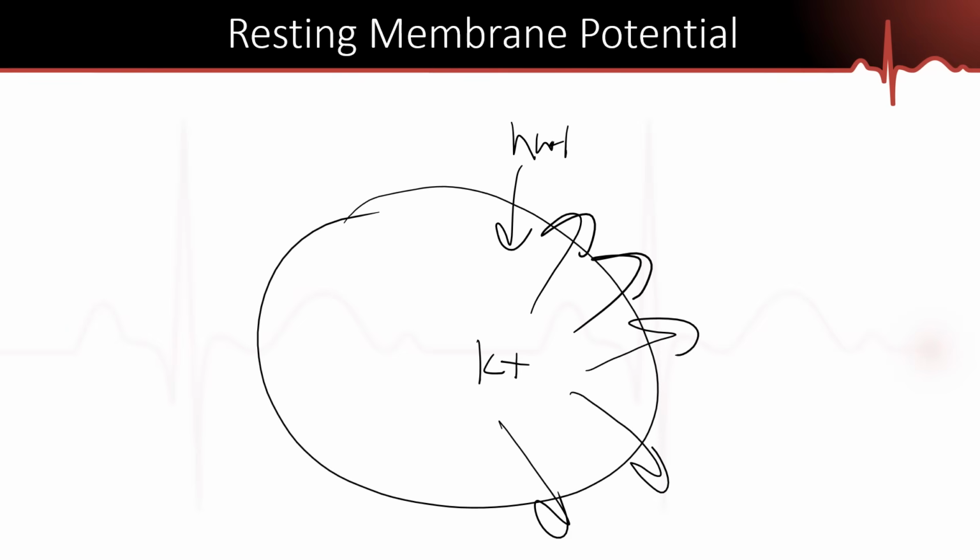So what does that mean for the inside? We know that to start off with, there's the same number of positively and negatively charged ions on the inside. Okay, if more potassium ions, which are positively charged, are leaving than sodium ions are coming in, which are positively charged, then in net terms, the cell is losing more positively charged ions.